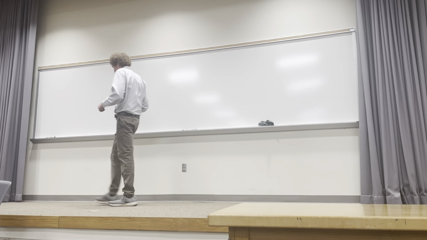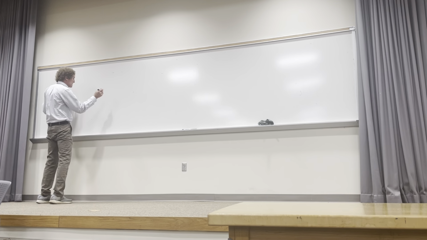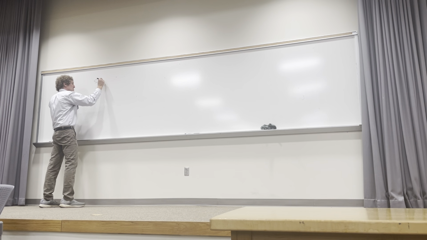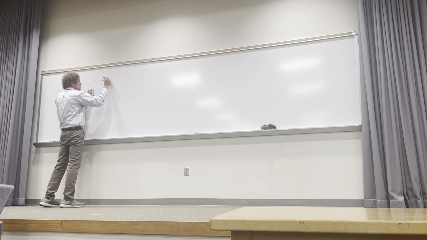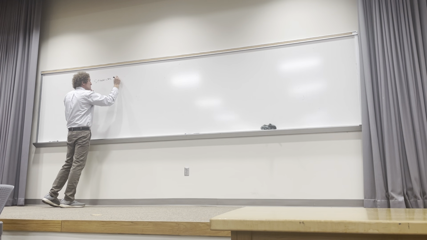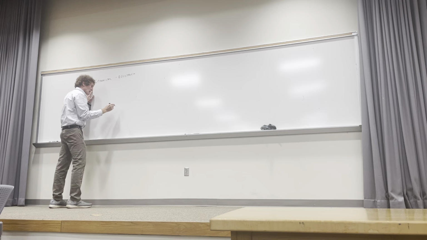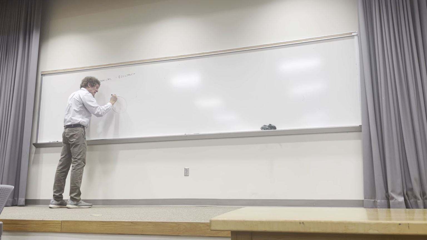So, when we're talking about a spherical shape, I'm going to assume I have an inner radius A, and then an outer radius B.